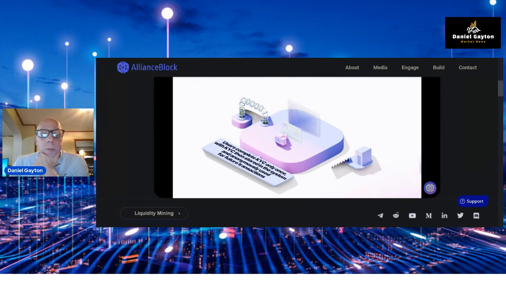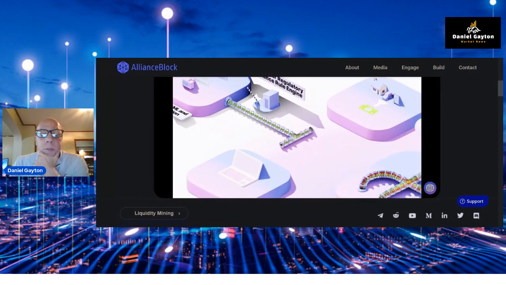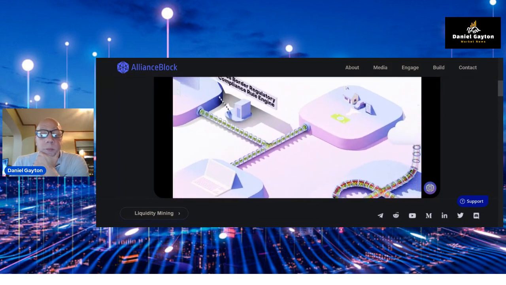This will allow users to prove their identity in a trustless manner, while also giving them control of their data. This module feeds into our cross-border regulatory compliance rule engine, another module. Once verified, users can share their data across the wider Alliance Block protocol and start using the product while being compliant with the regulations in different jurisdictions.